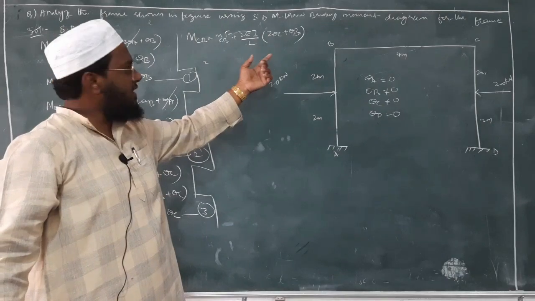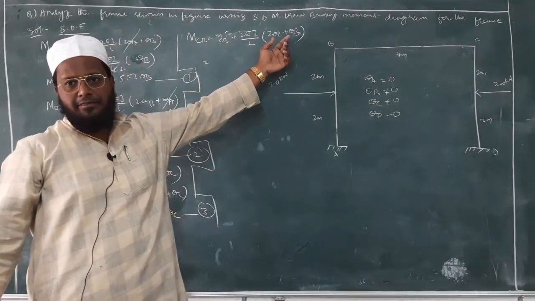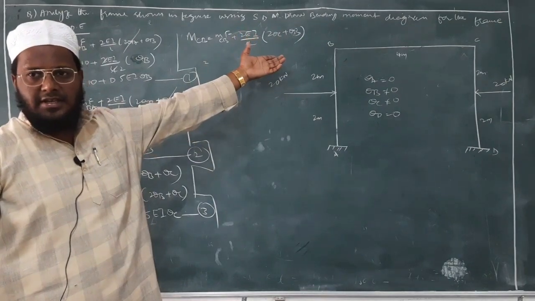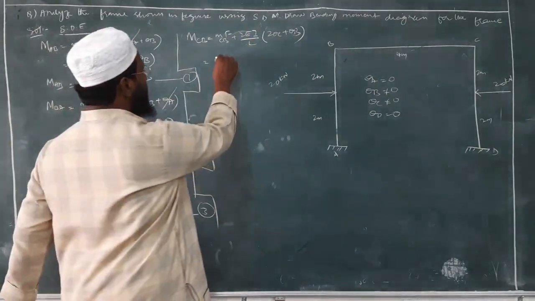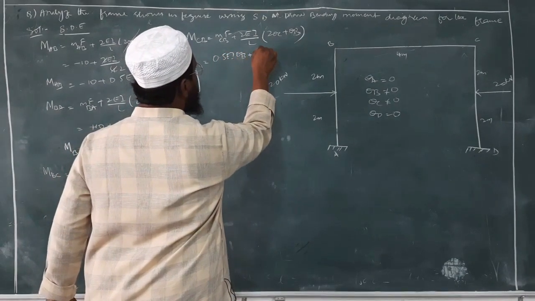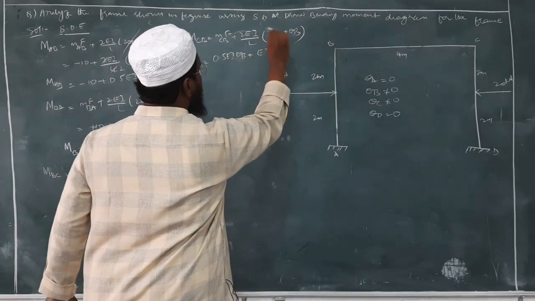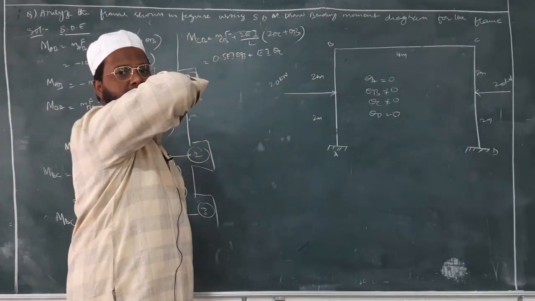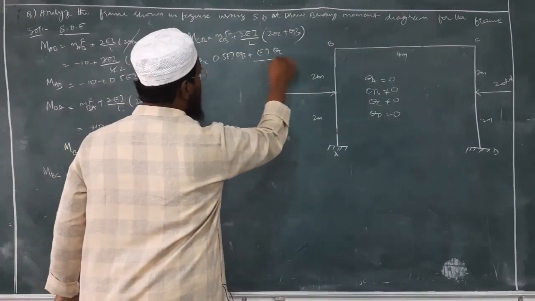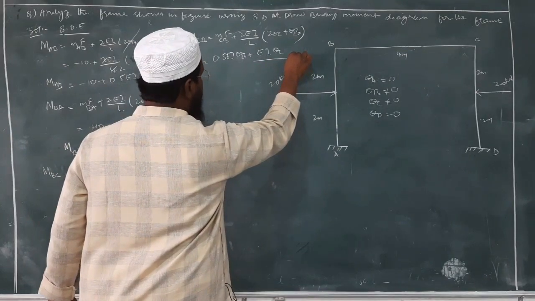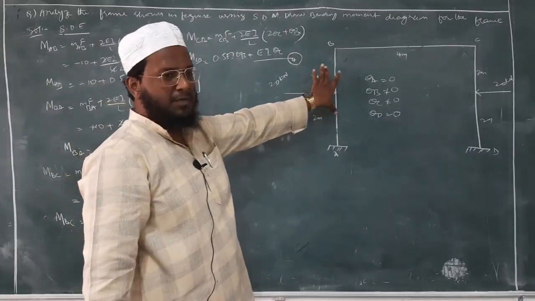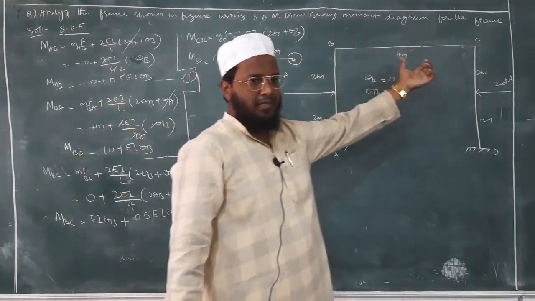So can I write here? First I will take down theta B. So 0.5 EI theta B plus EI theta C, right? Just tell me, 0.5 EI theta B plus EI theta C, whether it is correct? Yes? Right. So capital MCB. We can name this equation as equation number 4.